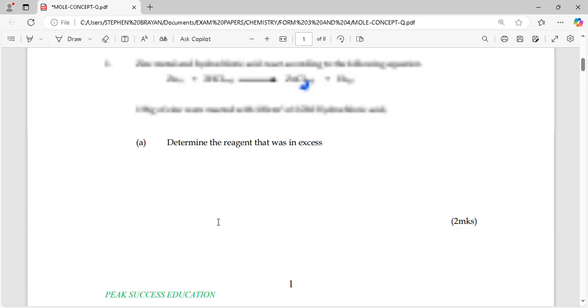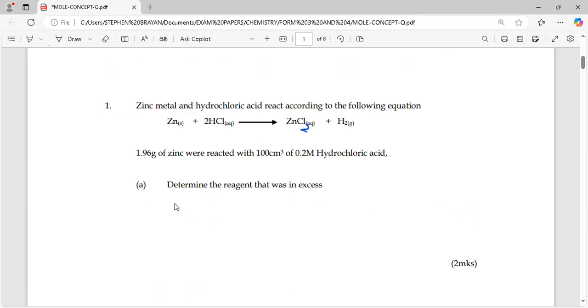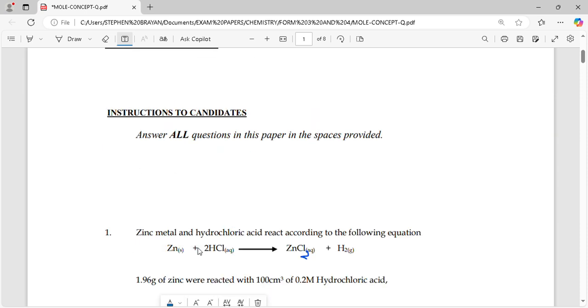So here we have the mass of zinc, which is 1.96 grams.